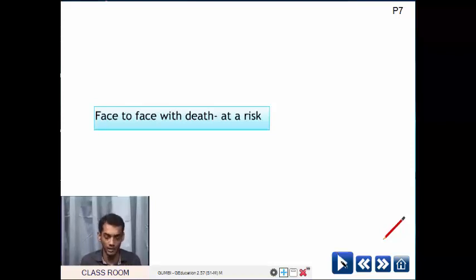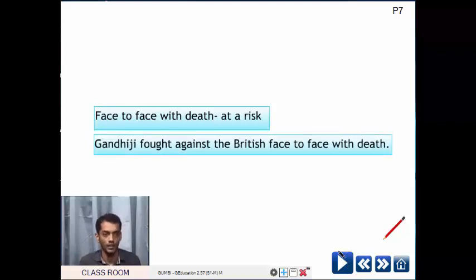Let me give another example. Gandhiji fought against the British face to face with death. Repeat it, children. Good. Do you know, children, when Gandhiji was fighting against the British, he was facing his death.